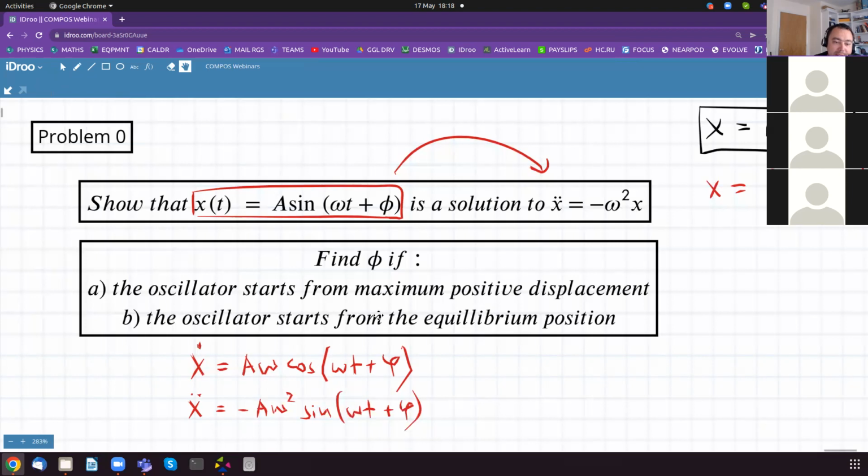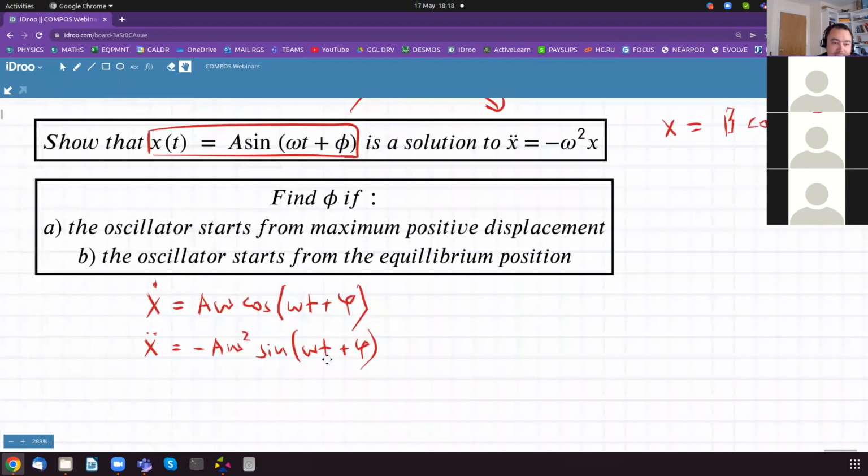Good. And we can see that in fact, yeah, it works. We plug it in: x double dot equals minus omega squared x.